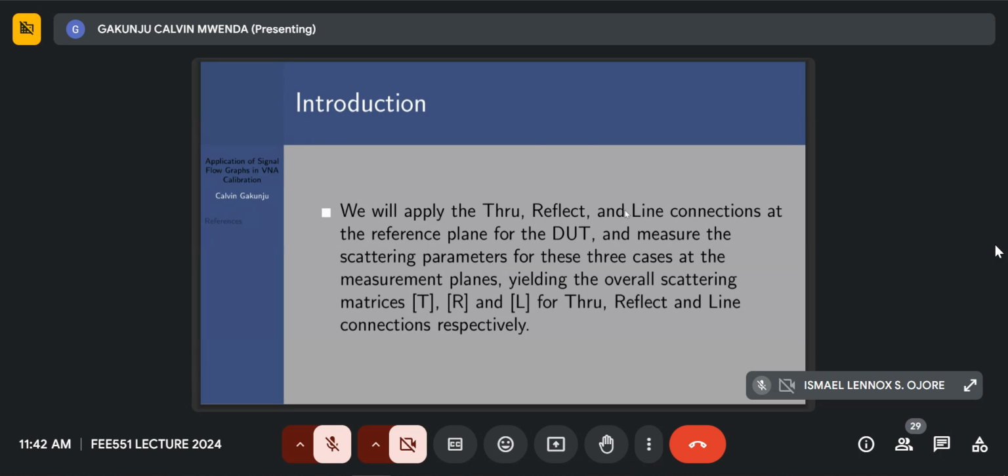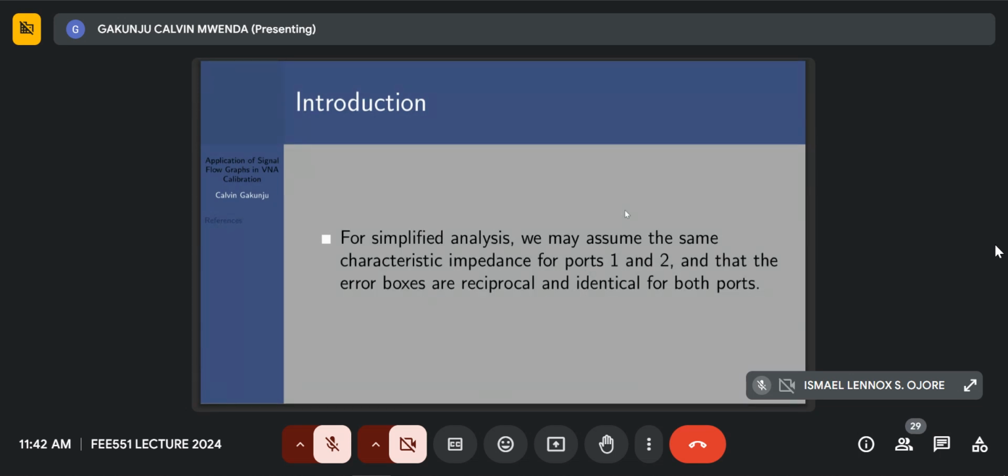Yeah, so now we're about to enter the actual analysis. You can read through this. Then we shall make a few assumptions.